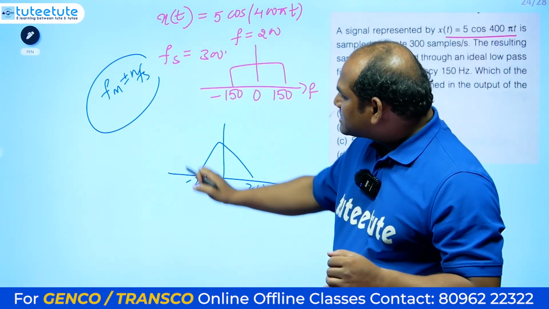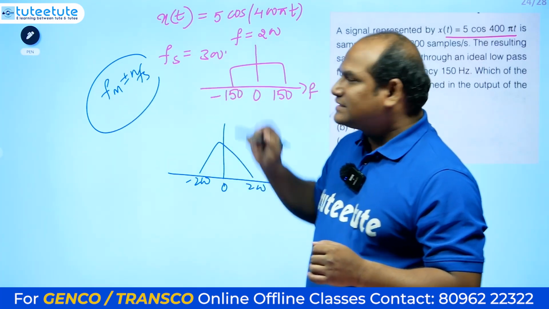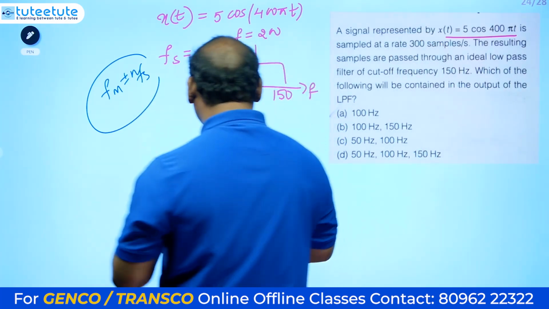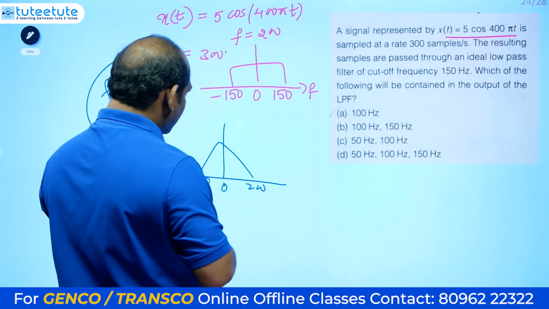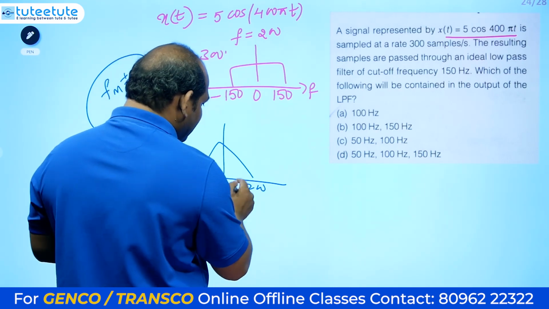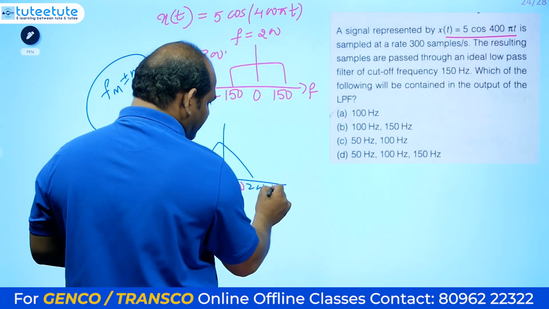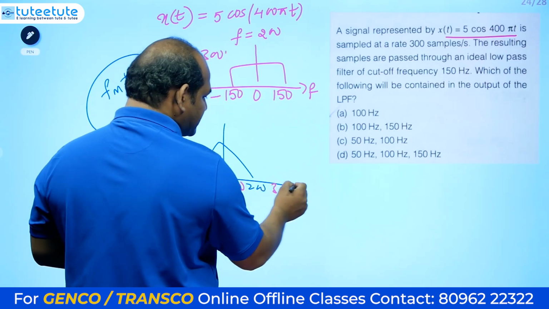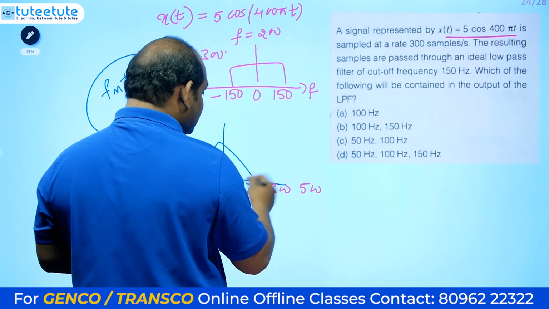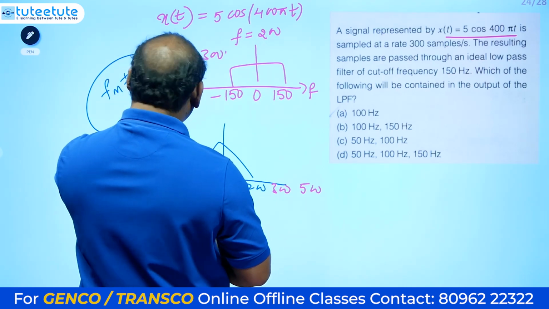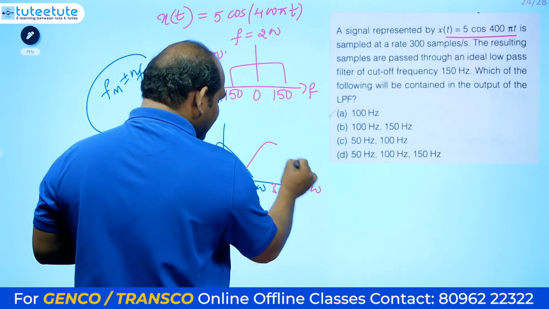So for this particular spectrum we have to add 300. Minus 200 plus 300 will be at 100, 0 plus 300 will be at 300, 200 plus 300 will be at 500. That means by taking n equal to 1 for fm plus fs, you will get the spectrum like this.